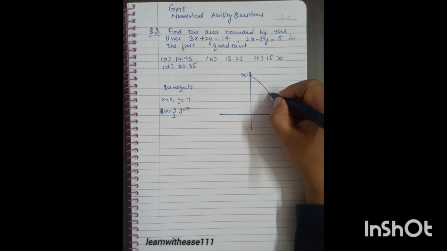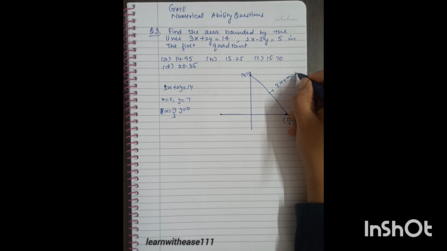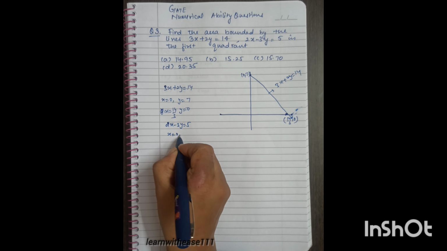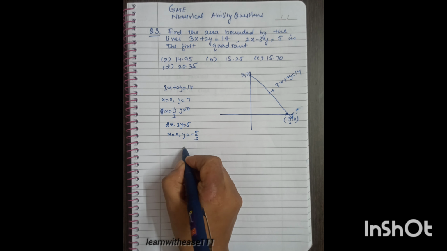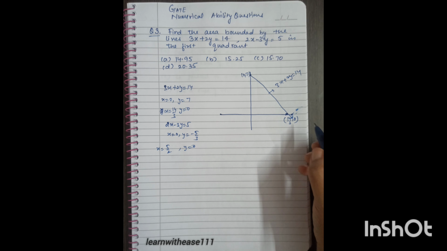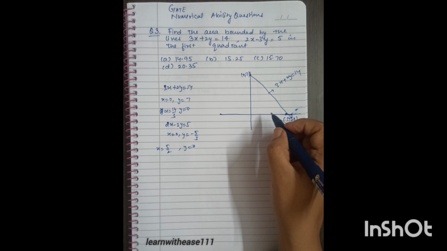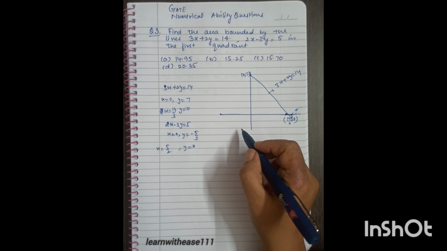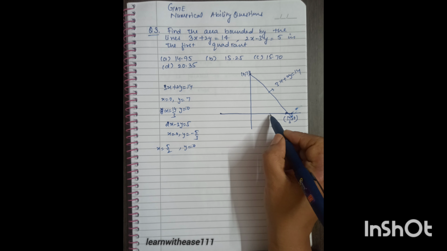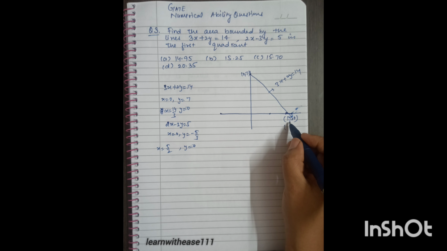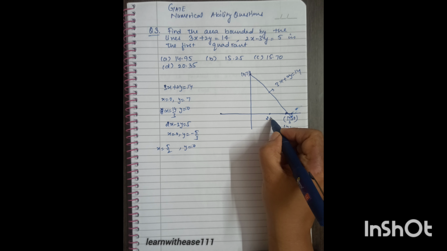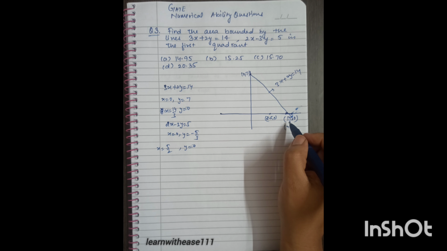Similarly, the second line, 2x minus 3y is equal to 5. Following the same process, put x equal to 0, y is minus 5 by 3. Put y equal to 0, x is 5 by 2. So 5 by 2, 0, I guess it lies halfway of the 14 by 3. 14 by 3 is 4.6 something, and 5 by 2 is 2.5. 2.5, 0.